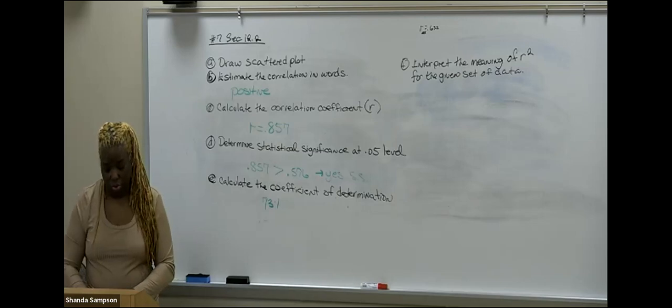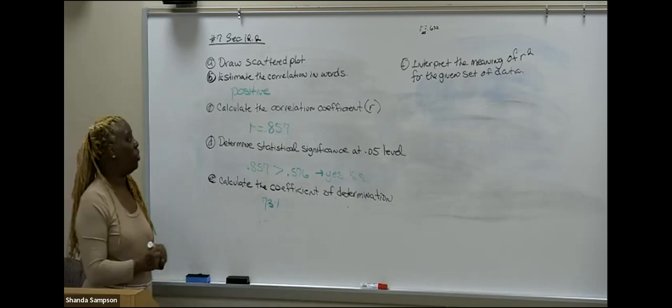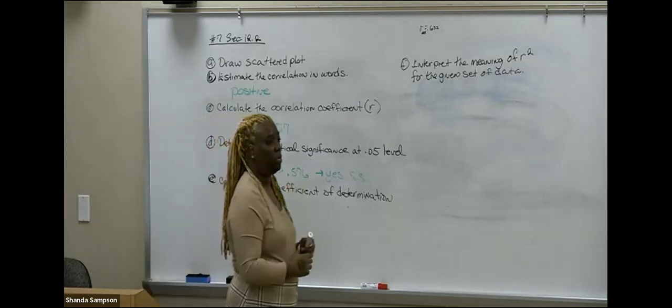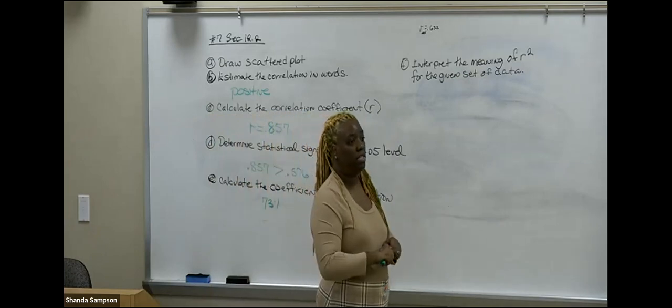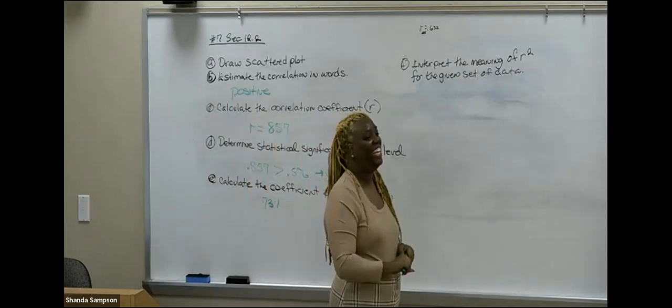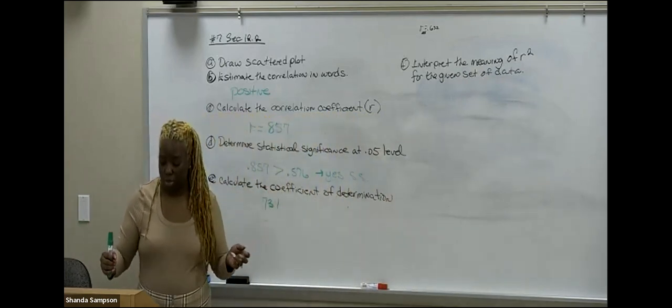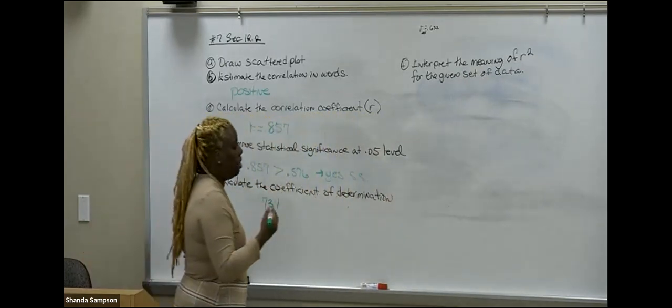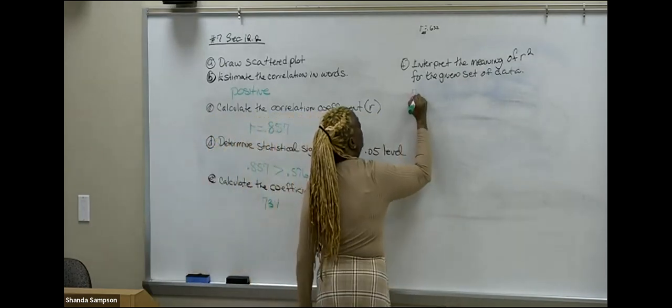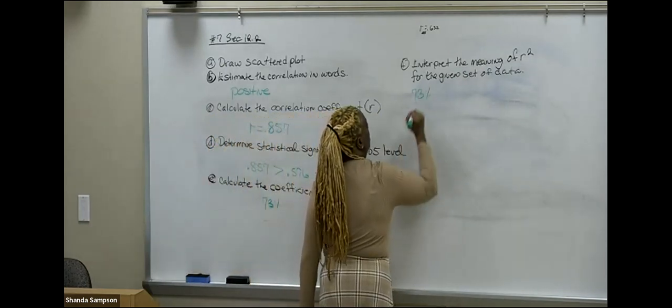How do we interpret that? We start off with what? What's the first thing we start off with, Trevor? 73%. So you always just start off with 73%.